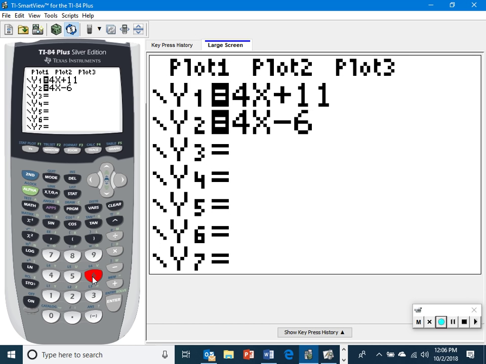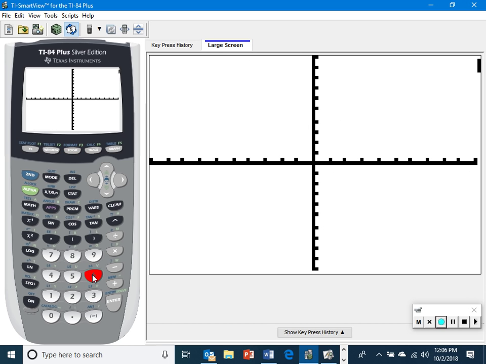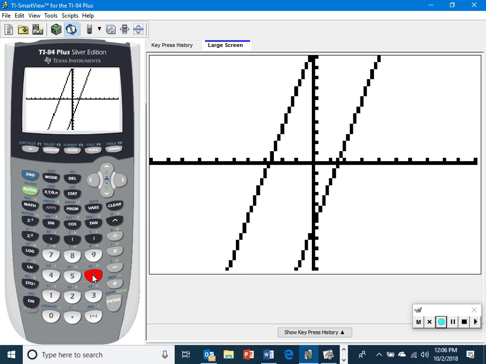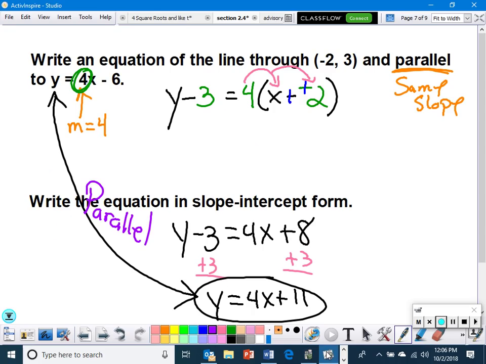And remember, if your graph is not set up correctly, you need to do zoom 6. And you can see that they are parallel. So you can double check it, make sure it looks parallel. All right, so remember, parallel lines have the same slope. One more example.